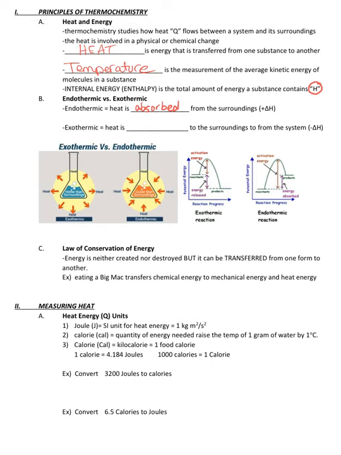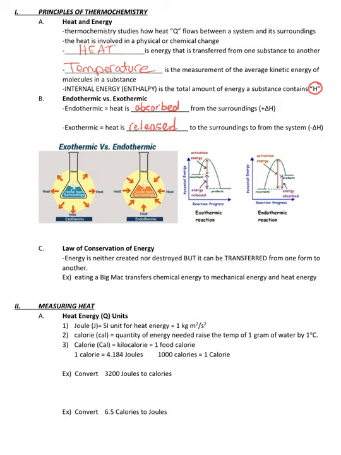If it's an exothermic process, heat is released to the surroundings from the system. So that's a negative delta H. Energy is lost from the system. There's a couple of visuals there.